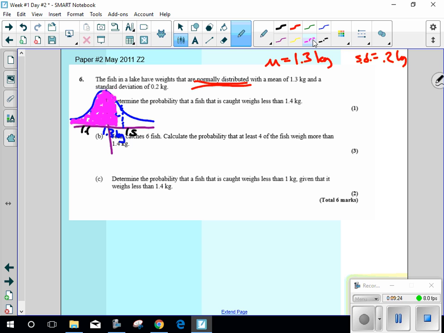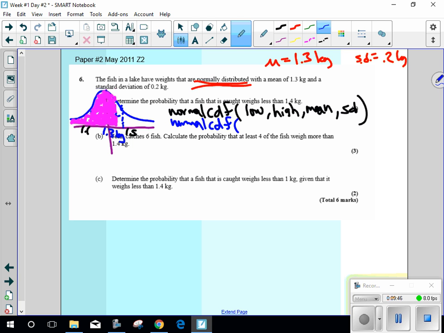Well, we're going to take our calculators, normal CDF, and we're going to put in low, high, mean, and standard deviation. Okay, so this is normal CDF, because we're accumulating the area. Don't do PDF.